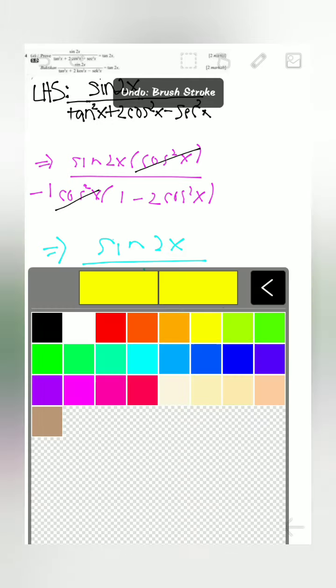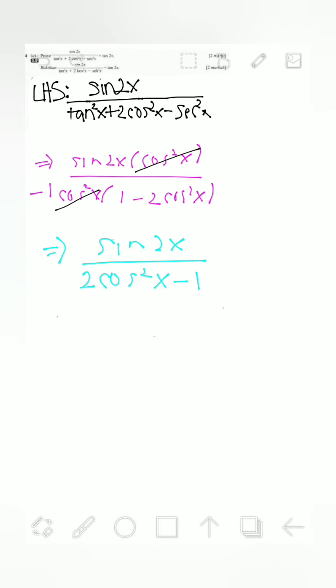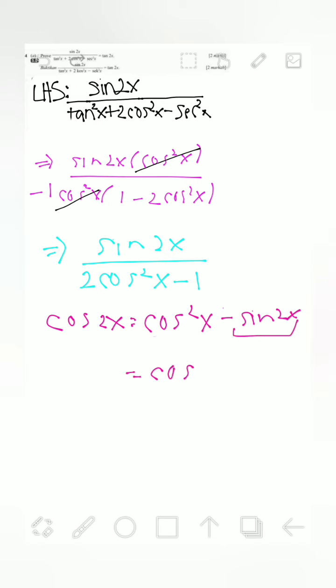Because according to the trigo identity, cos 2x equals cos square x minus sine square x. I want to eliminate the sine square x, so I will use the identity sine square x plus cos square x equals 1. So sine square x is nothing but 1 minus cos square x.